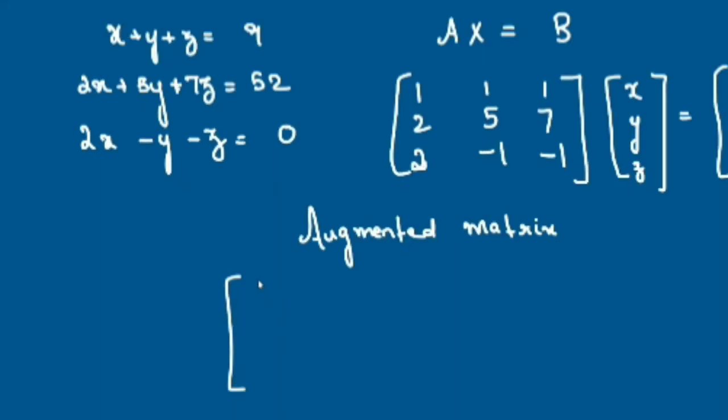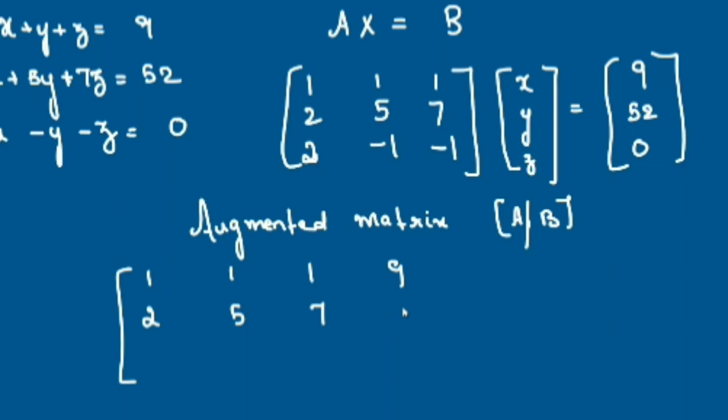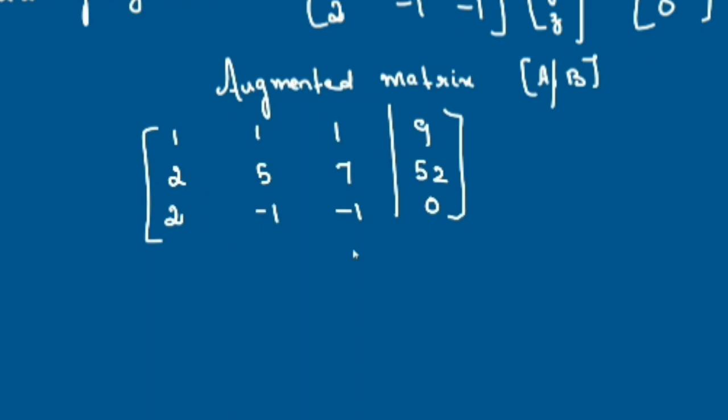The augmented matrix is written as AB, that is, you are expanding the matrix A by adding the matrix B. So 1, 1, 1, 9; 2, 5, 7, 52; 2, minus 1, minus 1, 0. You have to find the rank of this matrix.